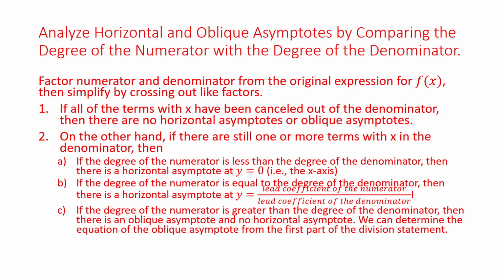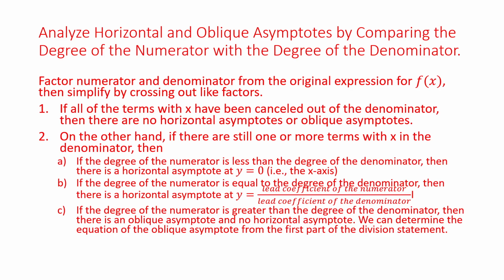But on the other hand, if there's still one or more terms with x in the denominator, then if the degree of the numerator is less than the degree of the denominator, you've got a horizontal asymptote at y equals 0. If the degree of the numerator equals the degree of the denominator, then you've got a horizontal asymptote at y equals lead coefficient over lead coefficient. And finally, if the degree of the numerator is greater than the degree of the denominator, and there's still x's, remember, after crossing them out, then you've got an oblique asymptote and no horizontal asymptote.